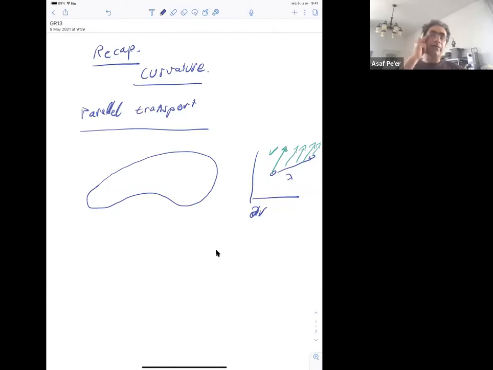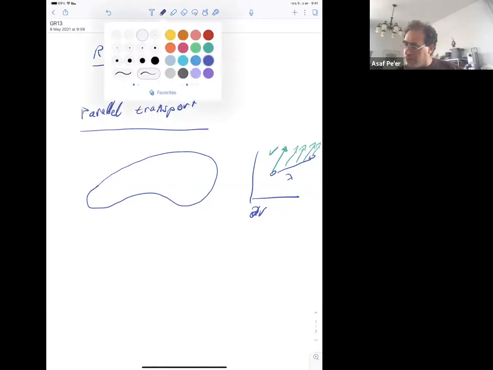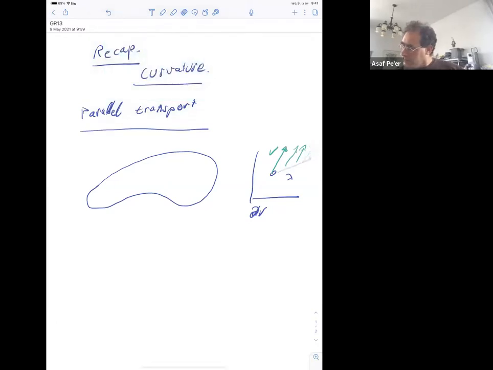So last time, quick recap, we've been discussing curvature. And we started by defining the concept of a parallel transport, which is transporting a vector along a path or a curve in a way which makes it parallel to itself, unlike the plot that I drew here. It doesn't look very much like parallel to itself.